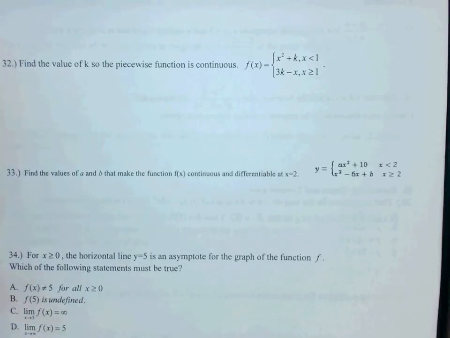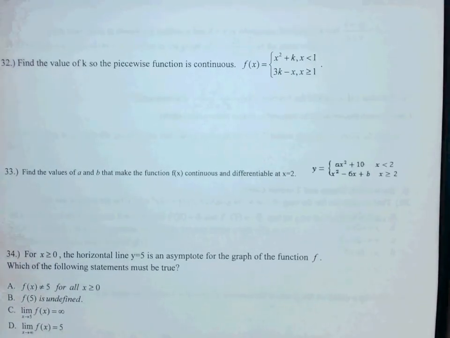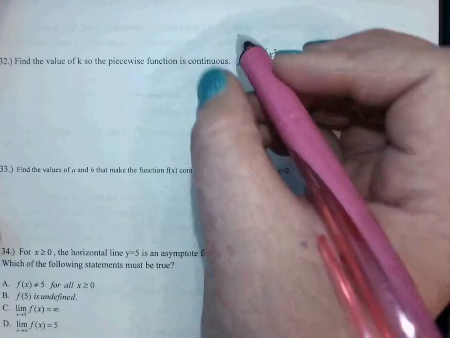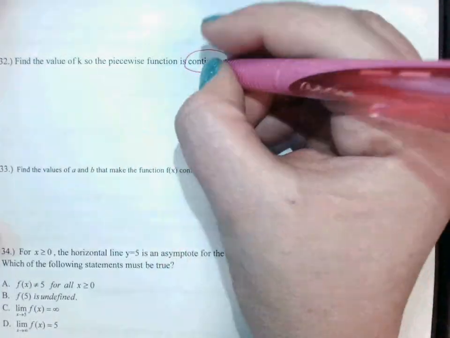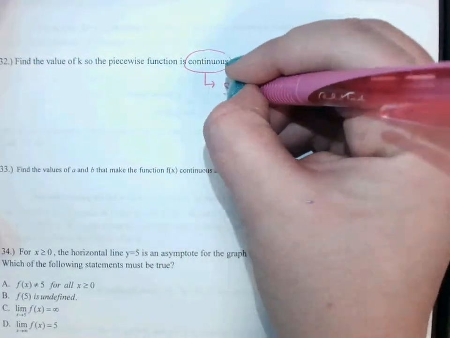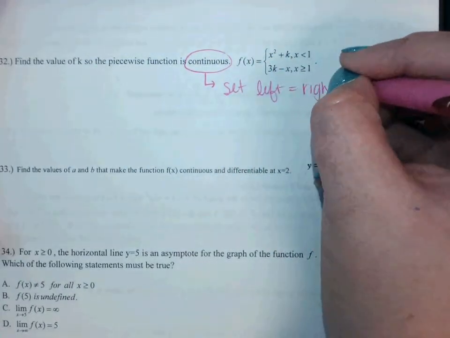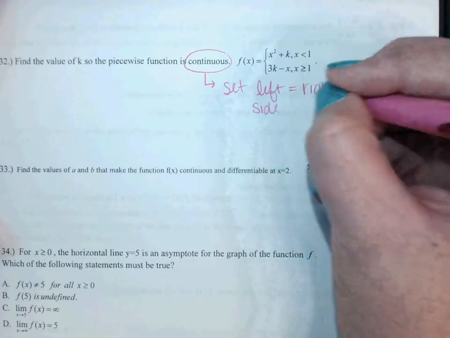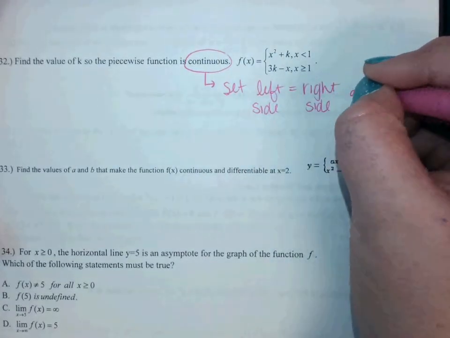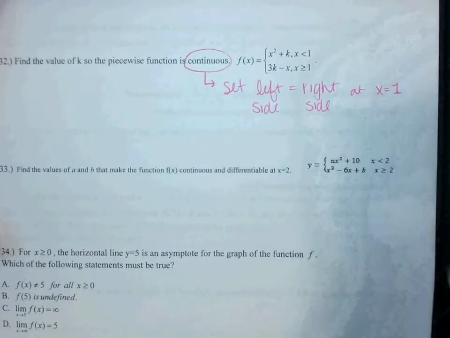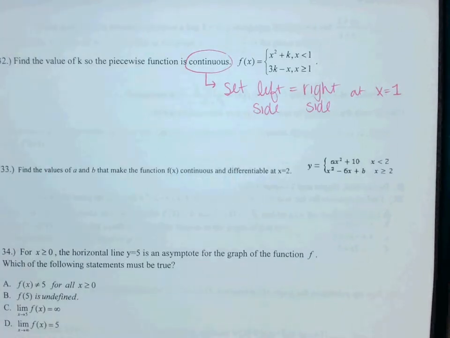Okay, 32. What do you do to make a function continuous? Good question. Okay, yes. If it is a piecewise, listen. If it is a piecewise, your left and right limits need to come out the same.